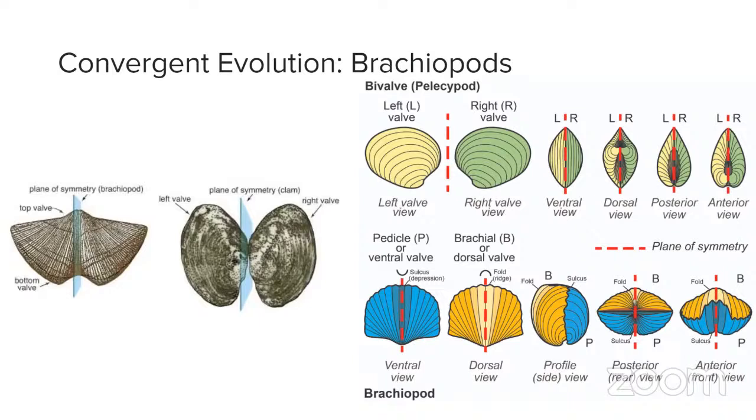So we kind of waved our hands when they came up on the list for our different animal phyla, but they are that group that kind of looks like a clam, kind of looks like a bivalve, but they are actually relatively distant from our bivalves on our phylogeny.